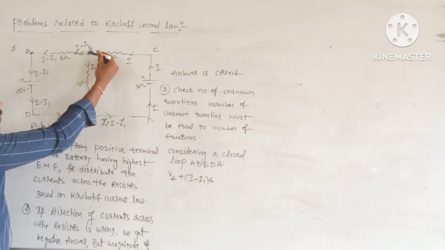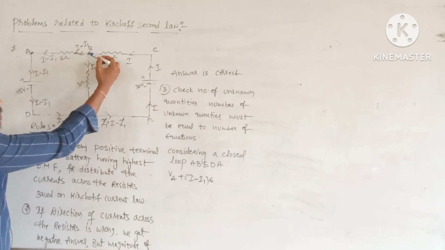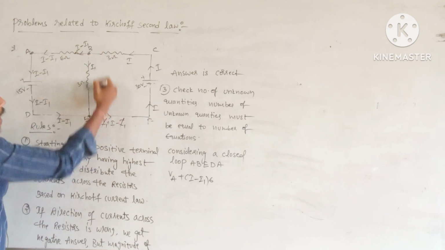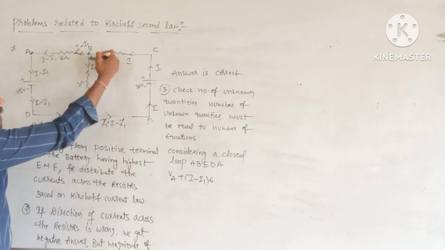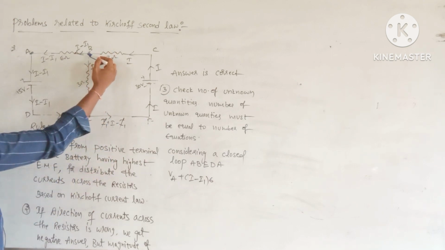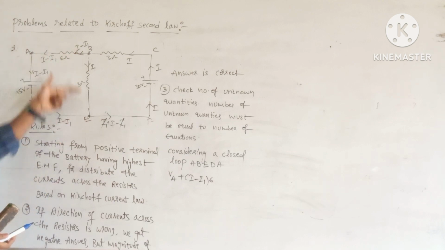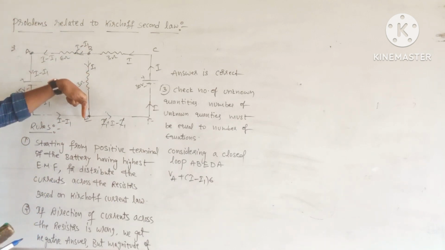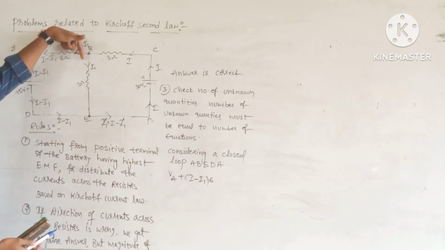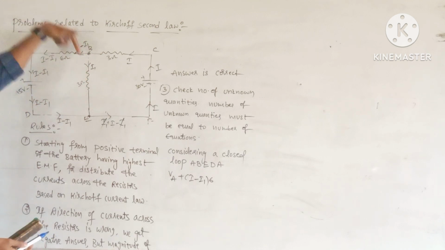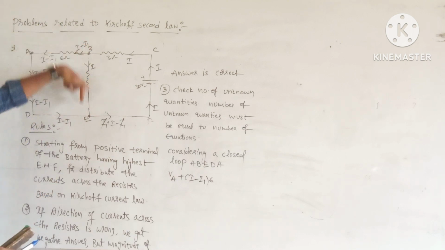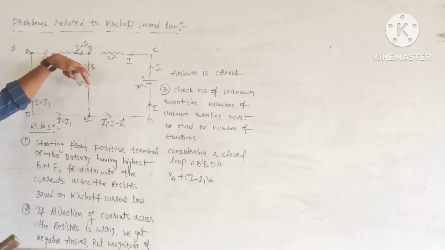Now I am moving in this direction. Now I am following the BE path. So observe this BE path. In this BE path, this is the direction of current, and in this path we move in the direction of electric current.